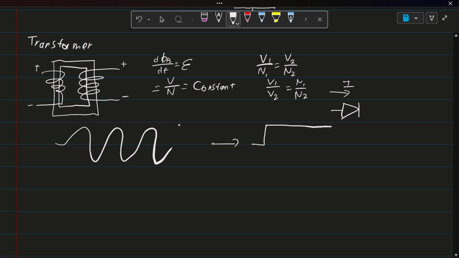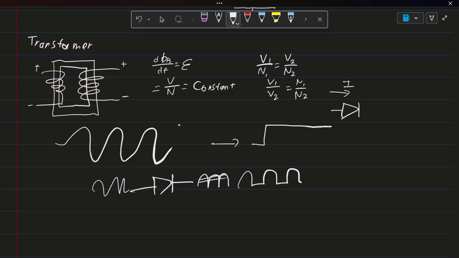So if you have an AC current flowing in this direction, it will become something like this. It's going to jump. So it is pretty useful when you're trying to transform an AC into a DC. But this is not enough because it's still just bouncing, going like this. There's like a clock, you could say.